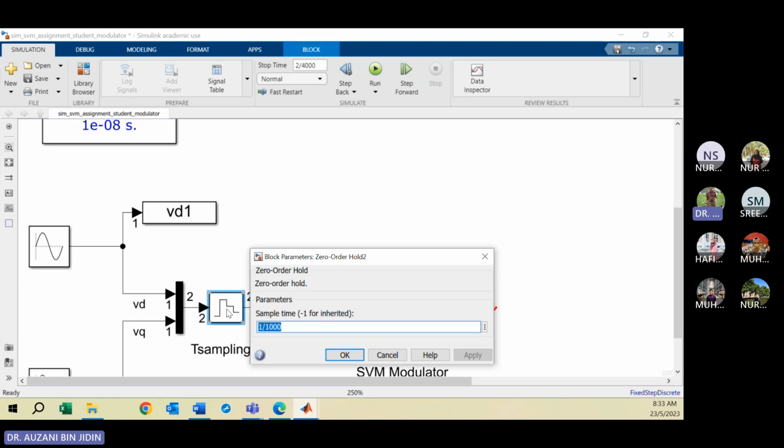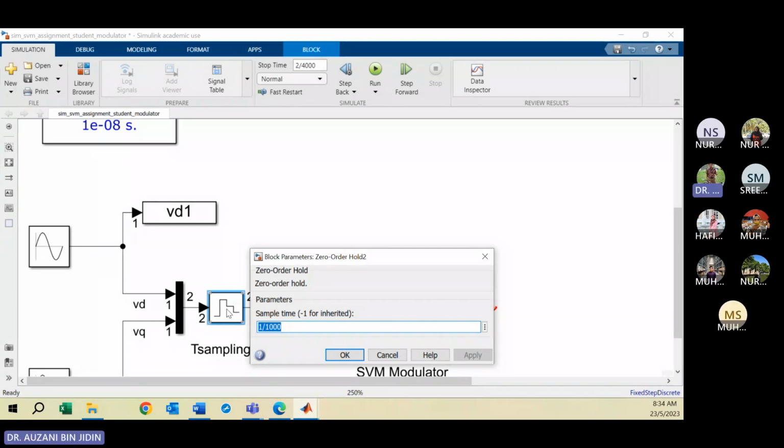Make sure you change the sample time to 1 divided by 1000, because based on the information given in the question, the design requirement first requires you to design the switching frequency of 1 kilohertz.